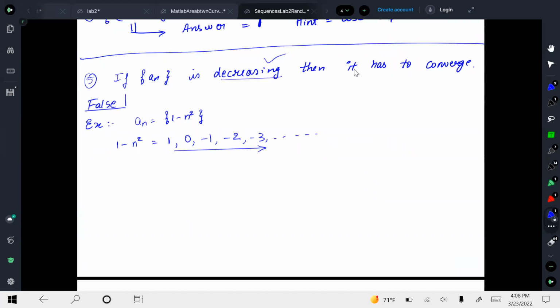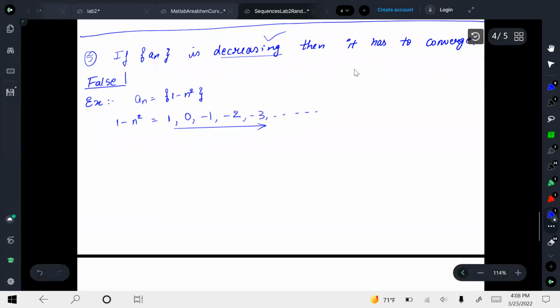Now, this first statement is true. Then, will this sequence converge? For convergence, I told you, you need to apply a limit. Now, this will be 1 minus n square.